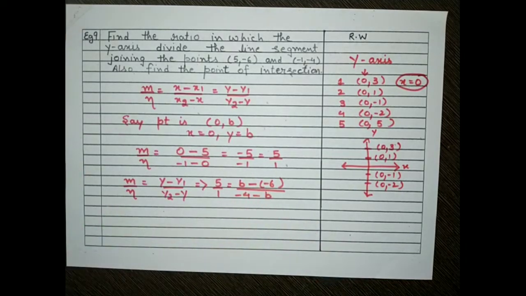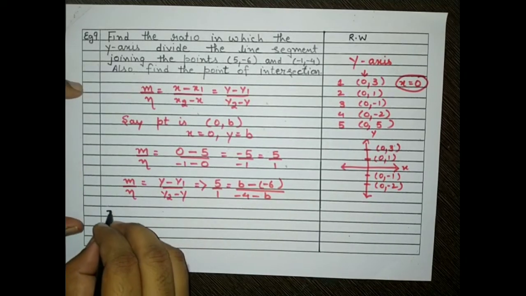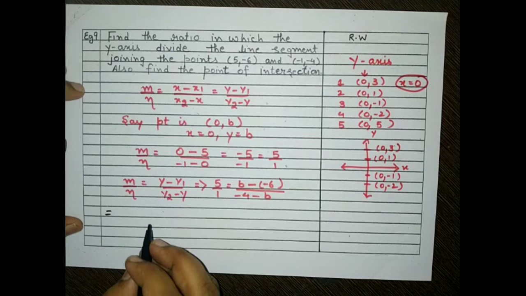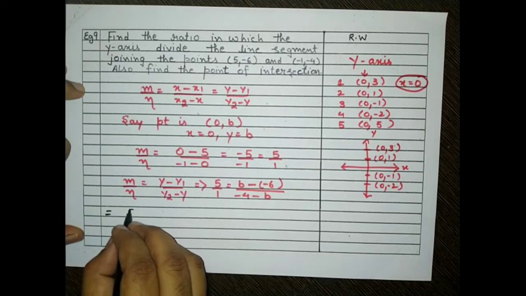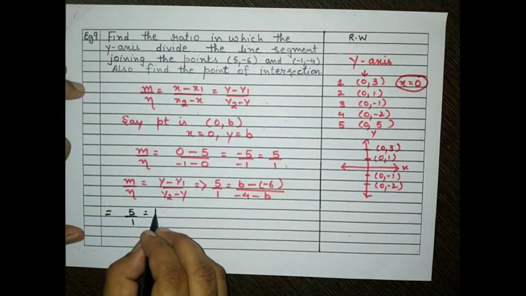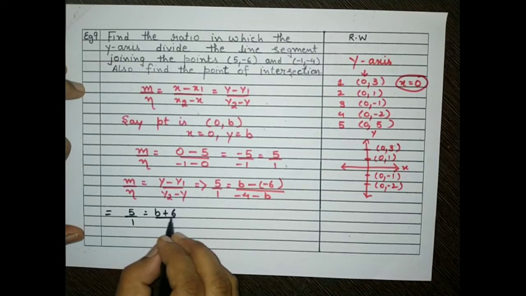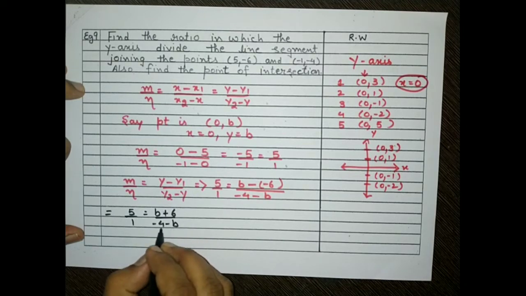So 5 over 1 is equal to (b + 6) over (-4 - b).